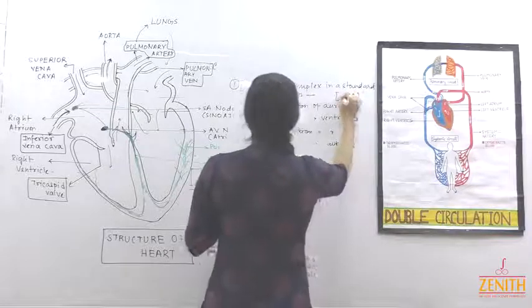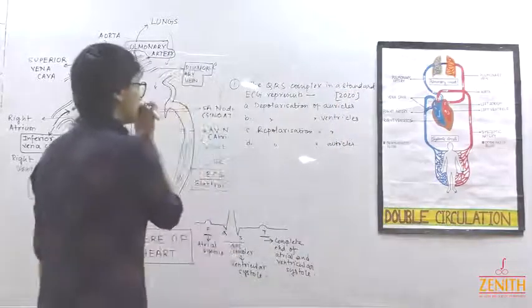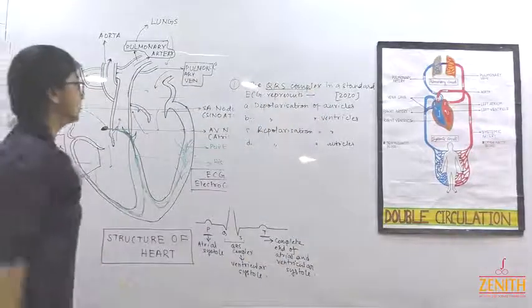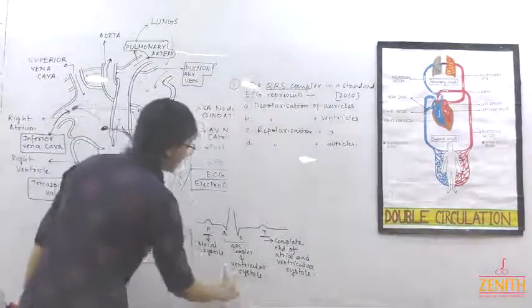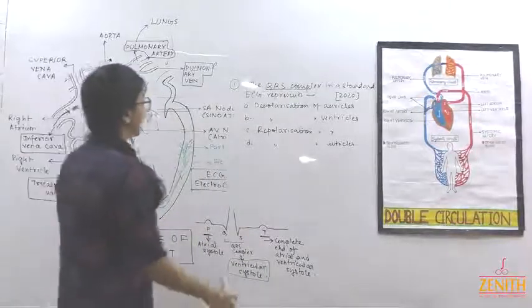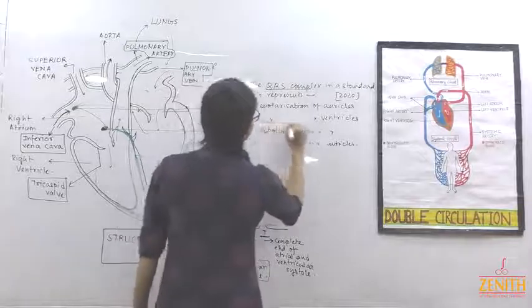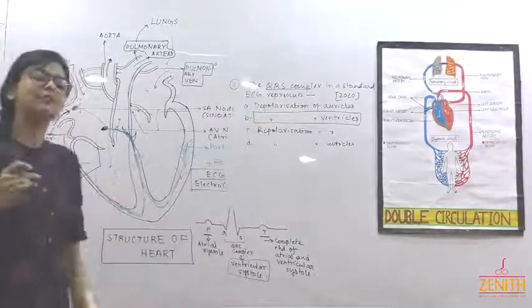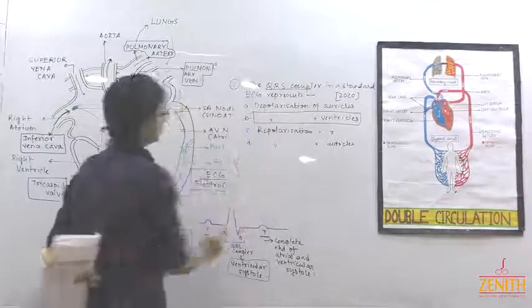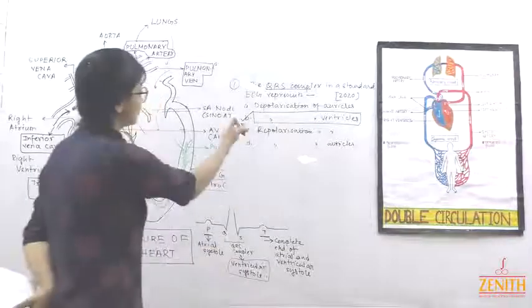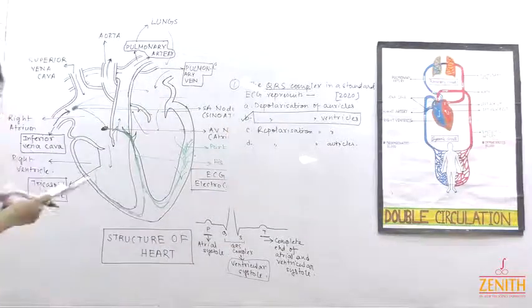This is the NEET 2020 question. So the QRS complex in a standard ECG represents what? It suggests ventricular systole, so there will be depolarization of the ventricle. We know that when there is depolarization of the ventricle, at that time it will do the systole, the contraction. So this will be the answer.